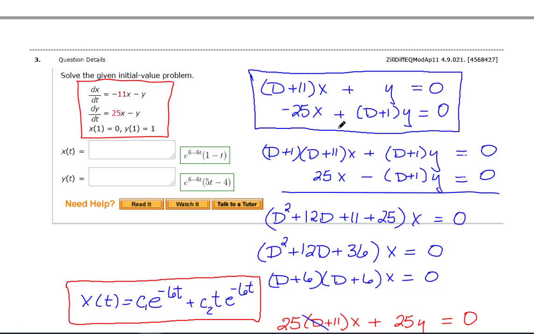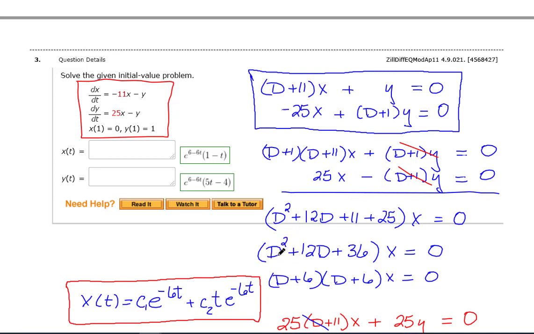So my goal again is to get rid of something, and I want to get rid of the y's. I take d plus 1 times the first equation, and the second equation I multiply by -1.